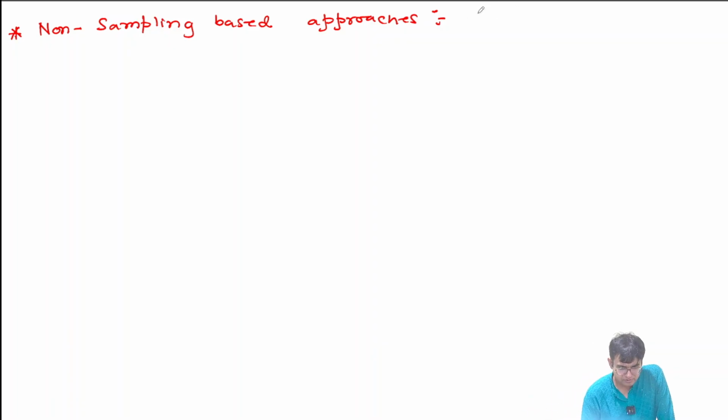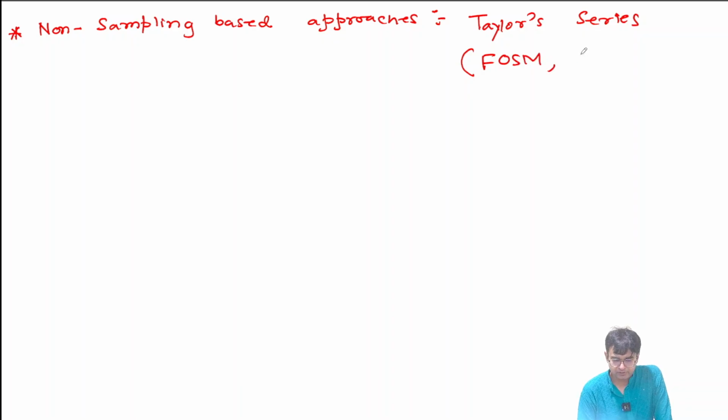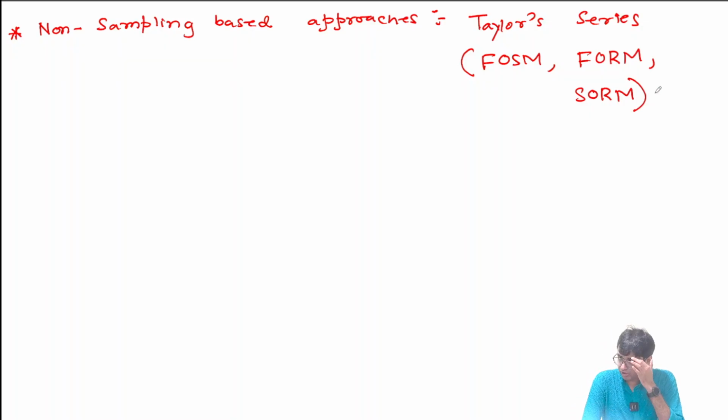Okay, so these are based on Taylor's series. Examples include first order second moment, and within first order second moment you have the advanced first order second moment, which is the FORM, and then you have the SORM, and there can be HORM also, higher order reliability method, but we did not talk about it. I said that if you are interested you can go ahead and read about it, but we will not discuss it in this course. Okay, we will only discuss the popular ones, right?